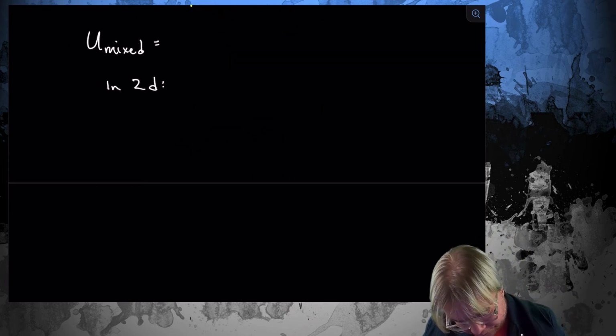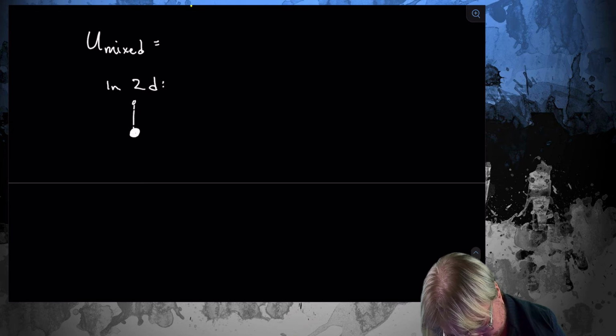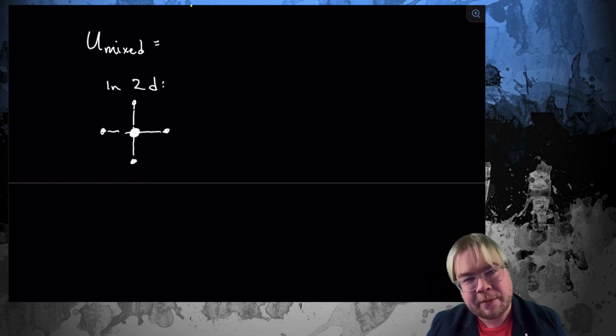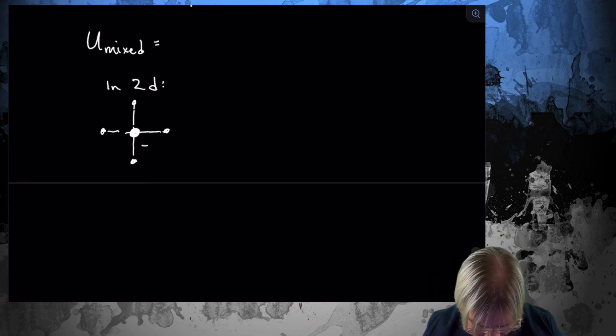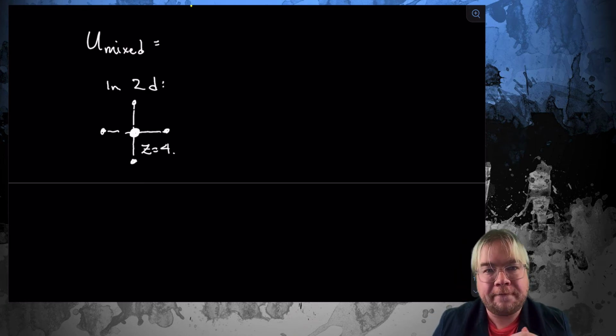If I draw that down here, if this is my lattice site, then I have 1 neighbor there, 1 neighbor there, 1 neighbor there, and 1 neighbor there. So this would be z equals 4 for the coordination number. There are 4 nearest neighbors in 2 dimensions.